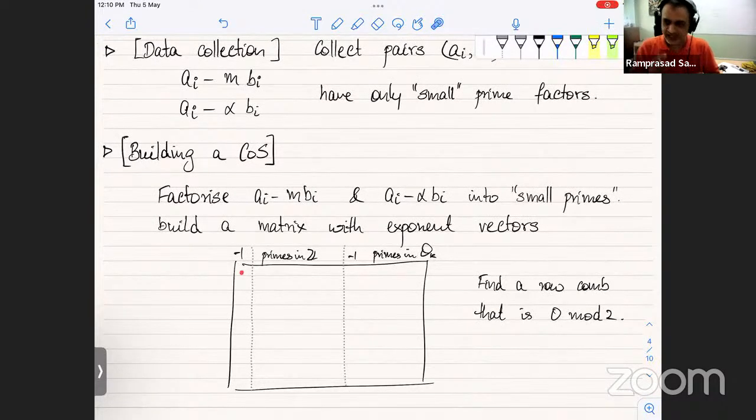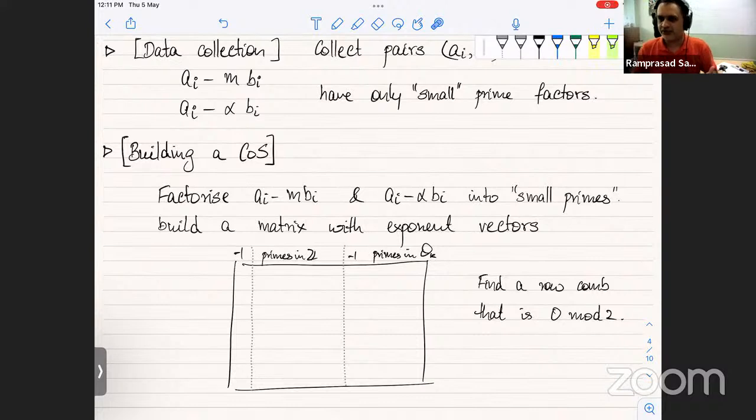We need to figure out how many negative numbers showed up here, because I eventually want a product of them to be a square. So there's a whole bunch of primes which are the integers. These are the exponent vectors in integers. And these are the exponent vectors when it comes to primes in this number field. We'll write down this thing. And now I'm going to try and find some row combination that basically sums to 0, so sums to 0 mod 2.